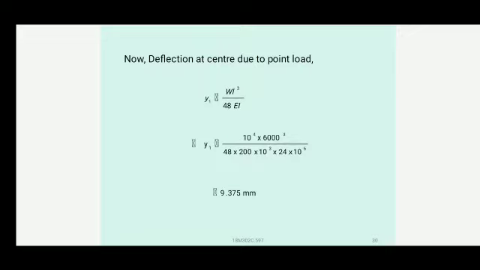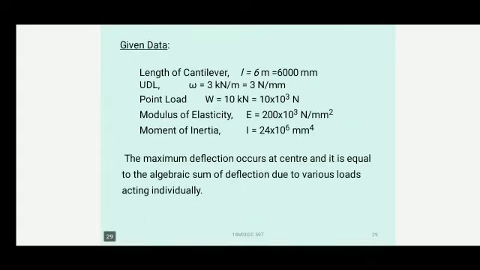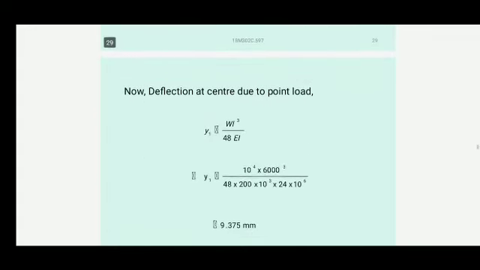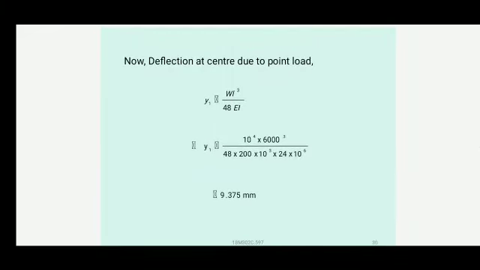W is given as 10 kilonewton, 10 into 10 power 3, so that is 10 to the power of 4, into 6000 cube by 48 into 200 into 10 cube into 24 into 10 to the power of 6, that is equal to 9.375 mm.